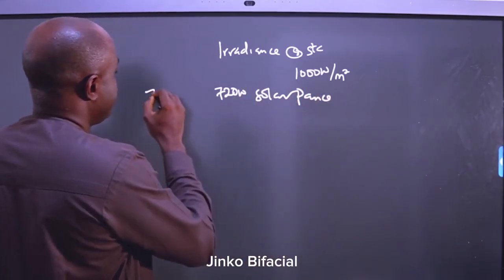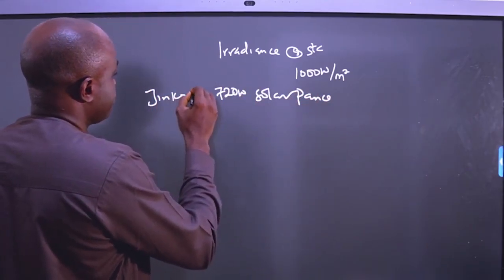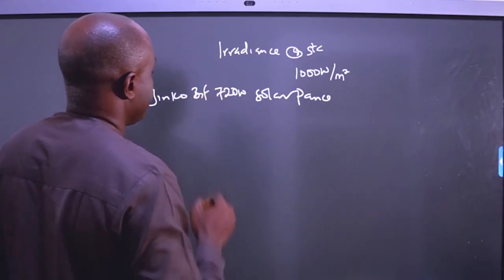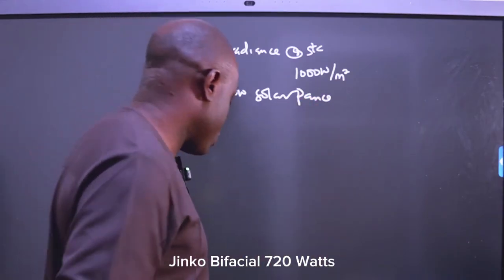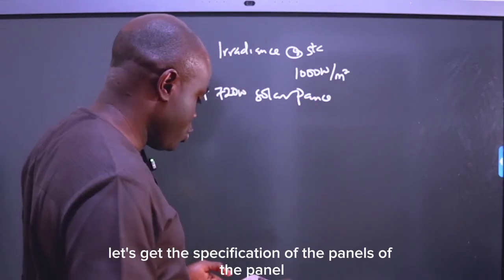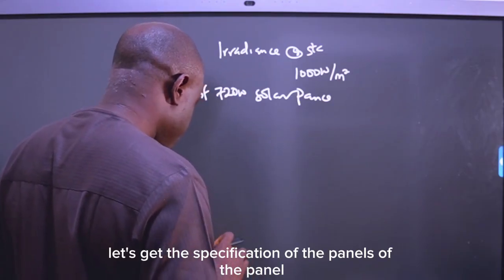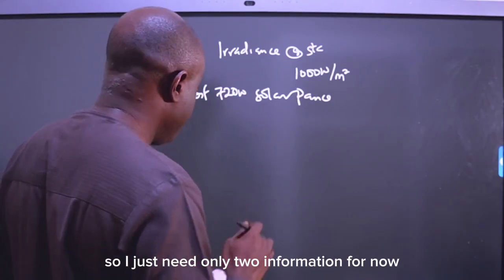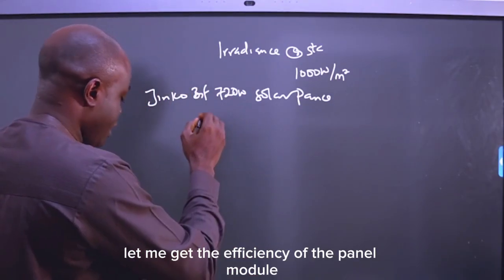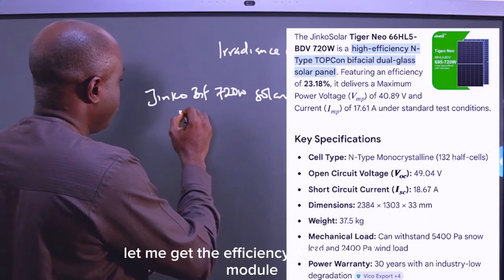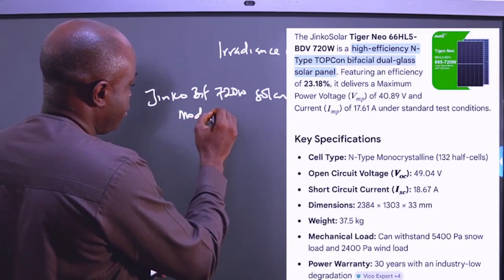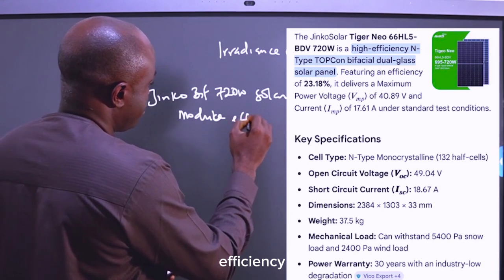Jinko bifacial 720 watts. Let's get the specification of the panel. I just need only two pieces of information for now. Let me get the module efficiency.